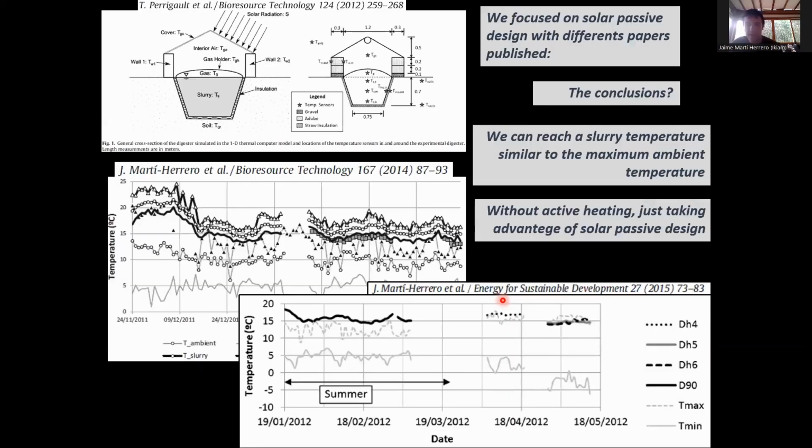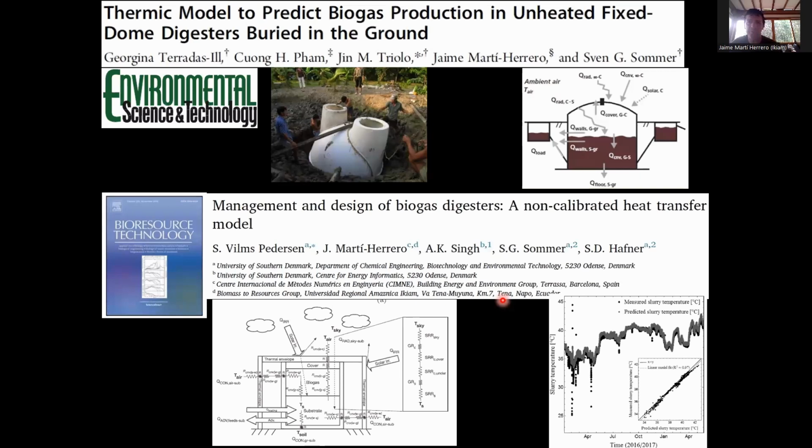We have made a lot of heat transfer models, and we have published a lot of papers about the thermal performance of these digesters, just using solar heating, so no active heating devices.